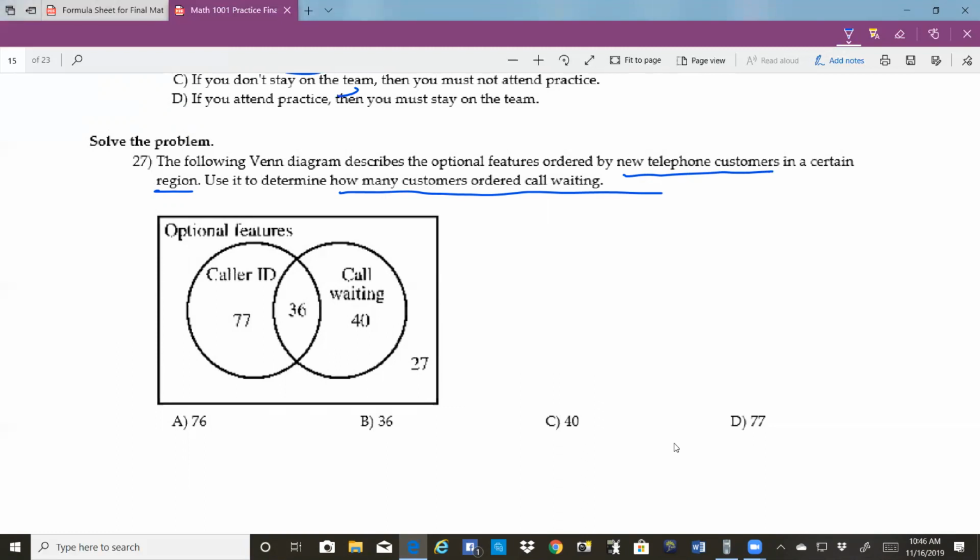Well, here we have the ones who ordered caller ID in this circle, and this would be call waiting. And we see 40 only call waiting and 36 ordered both. So the total we're looking for those who wanted call waiting is 40 and 36 equals 76. Answer A.